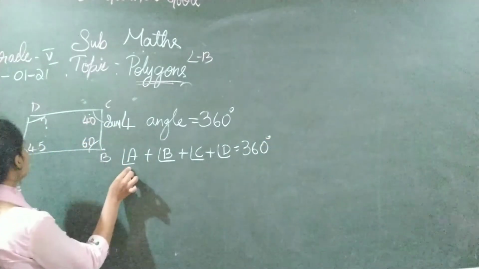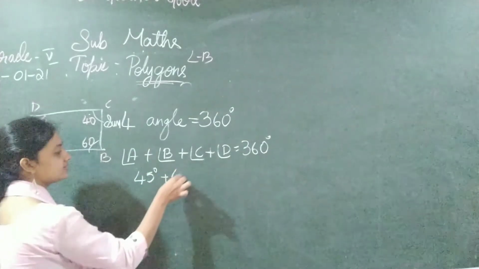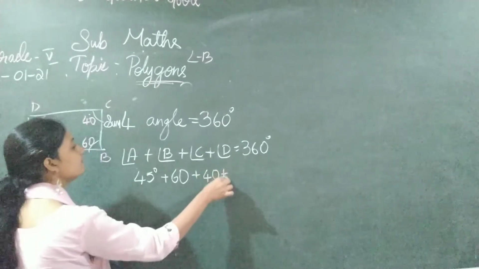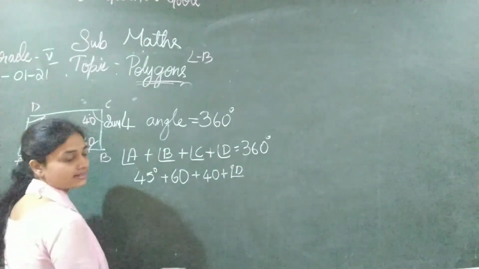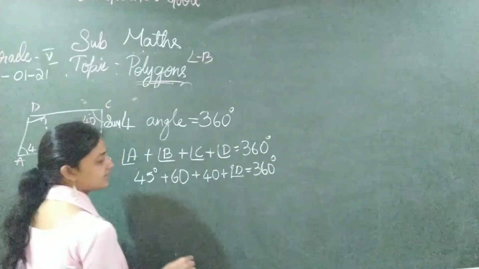Angle A is 45, angle B 60, angle C 40, plus angle D, which I don't know, so let me write it as D itself. It should be equal to 360 degrees.